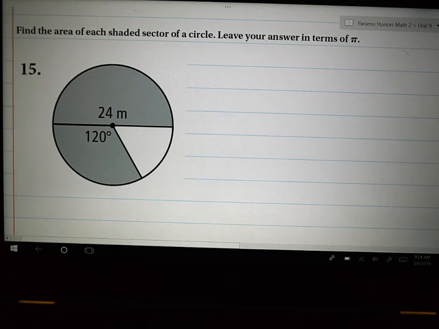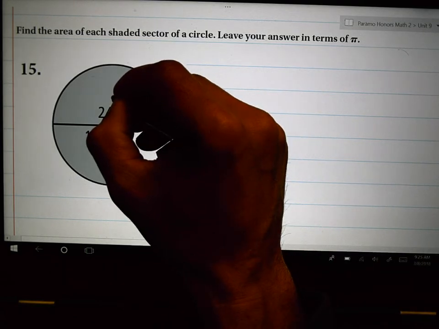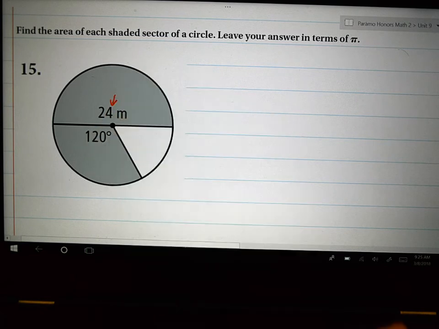Find the area of each shaded sector of a circle. Leave your answer in terms of pi. Now we're finding area. Is this a diameter or is this a radius? Put the letter next to it.